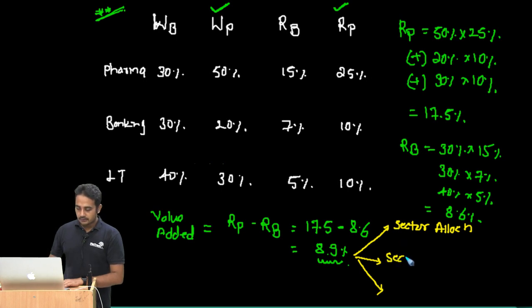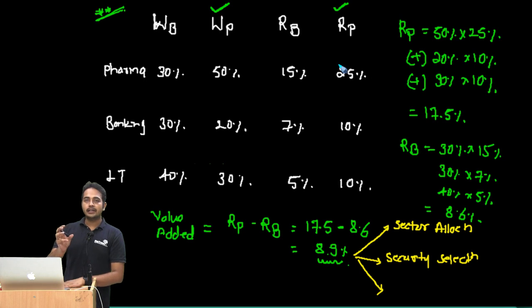Some part of that could be allocated to security selection. So security selection, if you observe, return on the benchmark was 15, but our portfolio for the same sector gave us 25. That means the securities that we picked up must have been better than what securities were there in the benchmark.